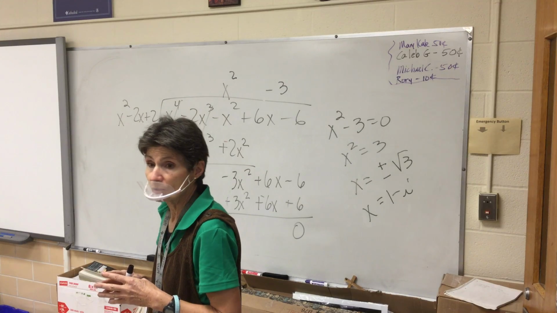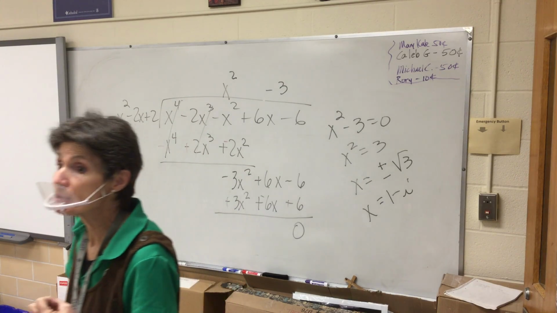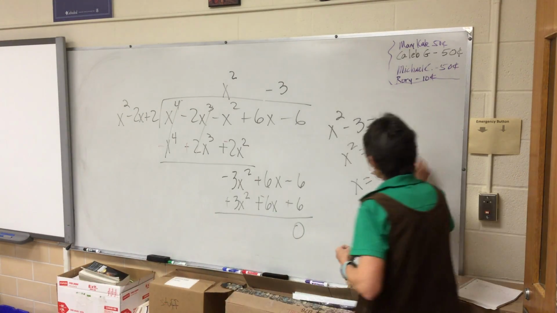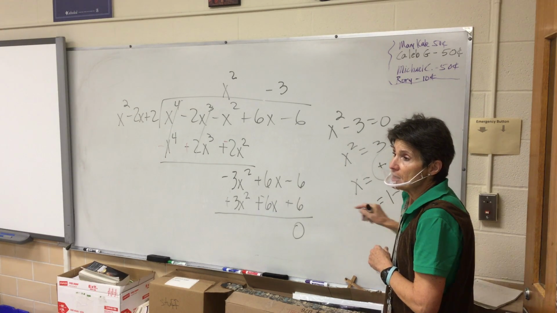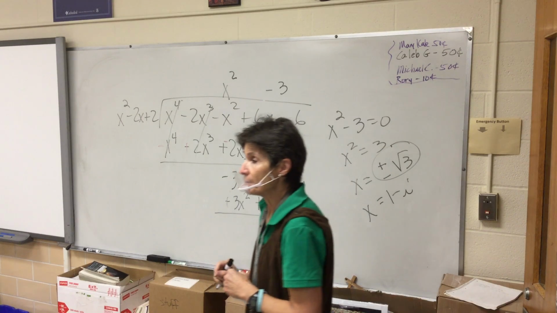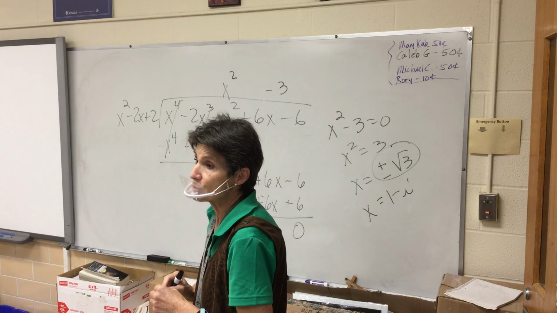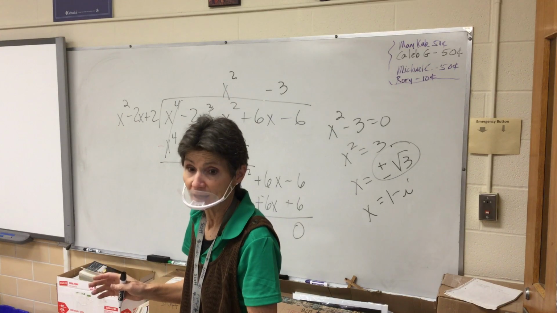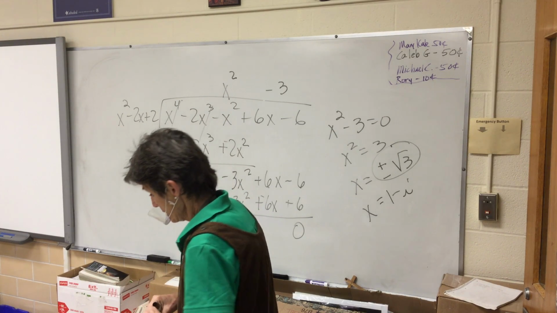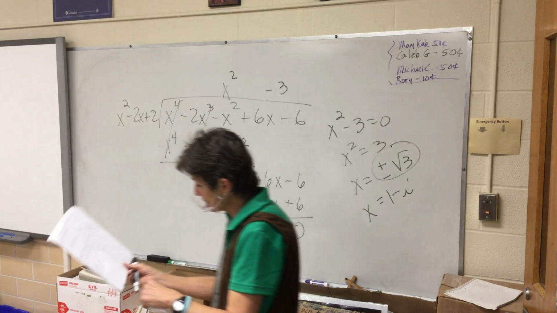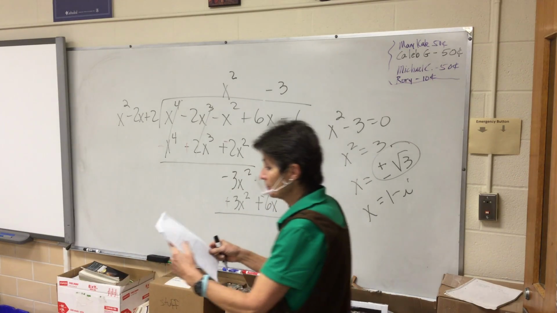So you would know that the roots were all either irrational or imaginary, right? You would have to use approximations, unless you had a calculator. All right, and that's hard. We're not doing that. All right, let's try the next one.